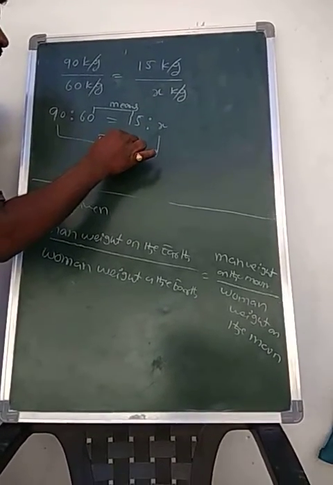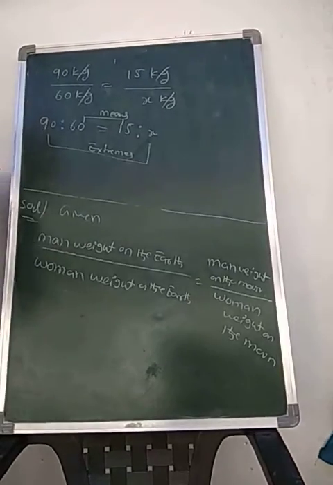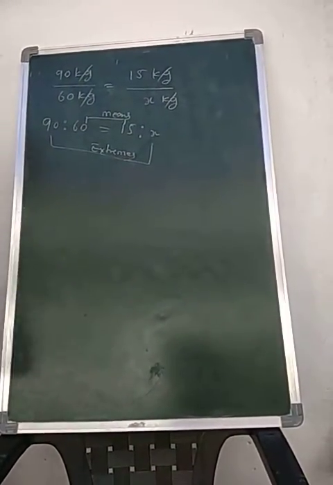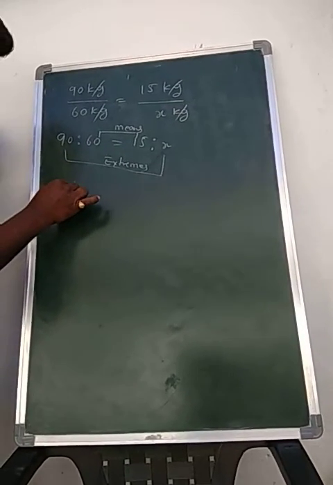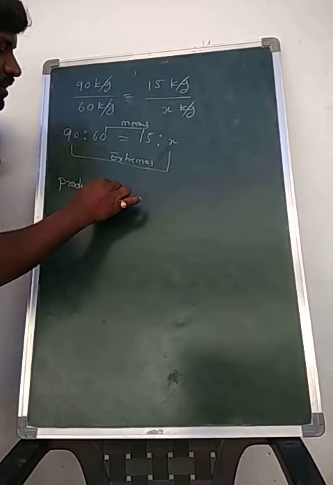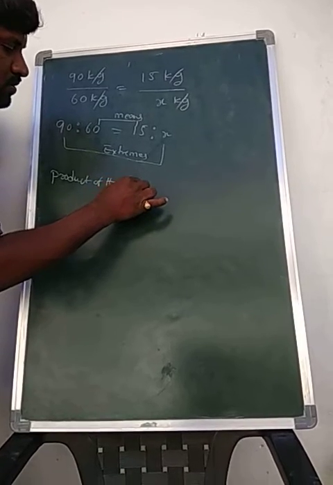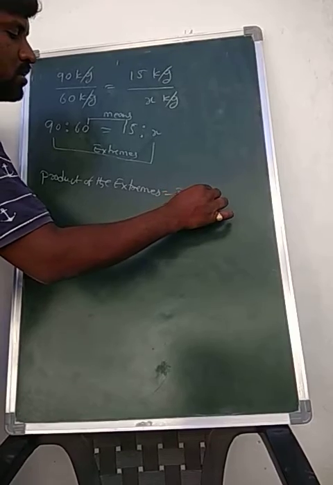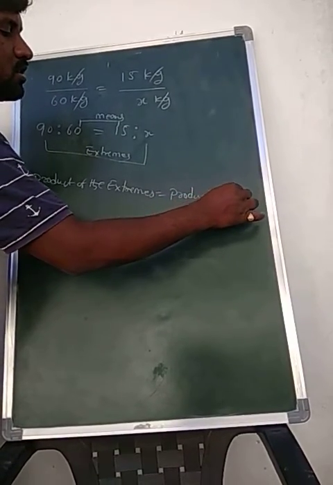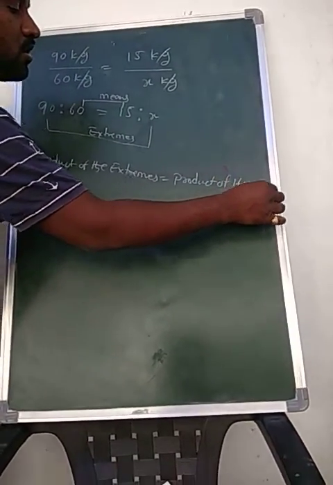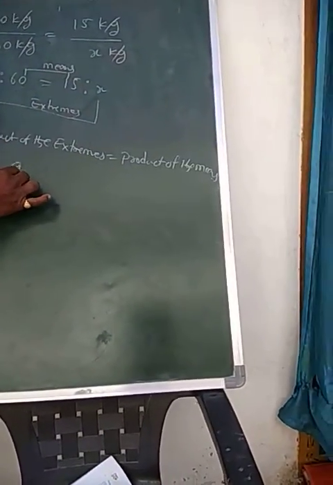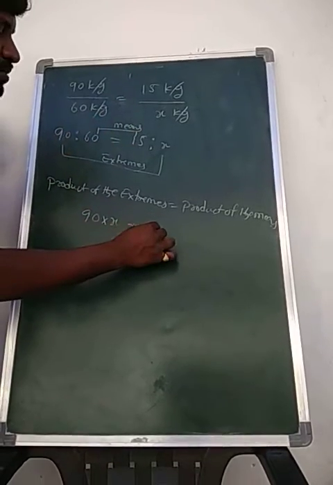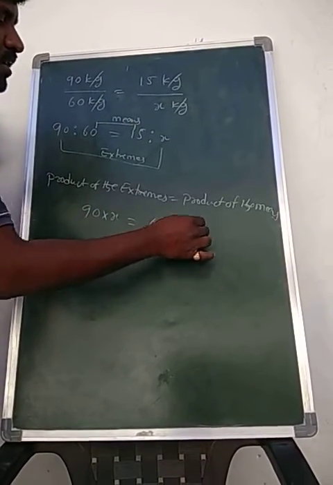Okay. So already I told you the formula: product of the extremes is equal to product of the means. Product of the extremes, that is 90 into x, is equal to product of the means, that is 60 into 15.